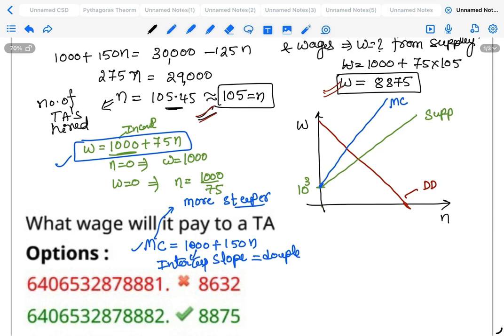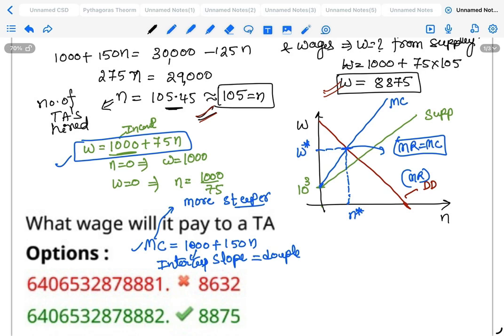When MR equals MC, that is the meeting point of the demand curve, which represents marginal revenue, and the marginal cost. This is the MR equals MC condition. So we find this value is N star and this value is W star.